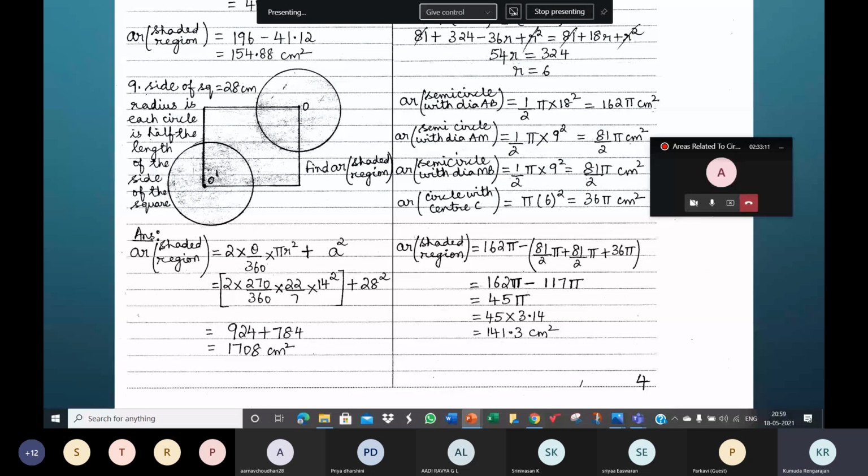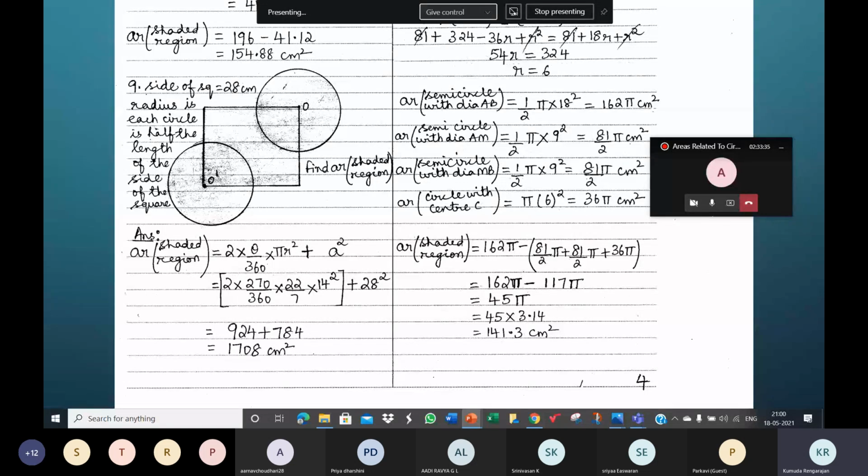So the length of the arc in a quadrant is 1/4 of 2 pi r. 2 pi r is the perimeter of the circle. 1/4 of 2 pi r is 2 pi r by 4, which is pi r by 2.